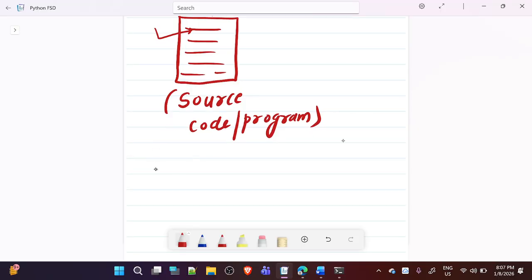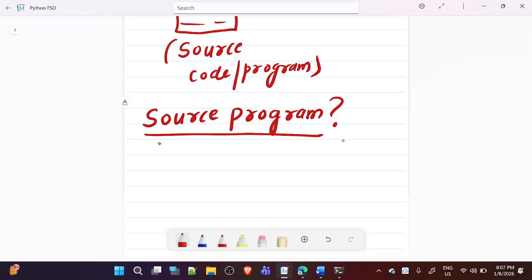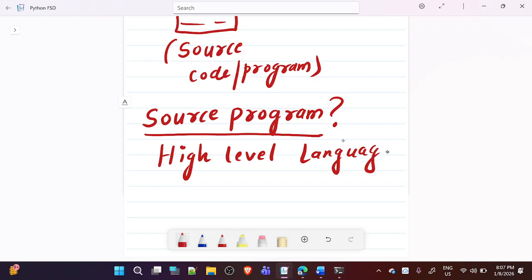If someone asks you what a source program is, what will you tell? A source program or source code means a program written in a high level language is known as a source program.